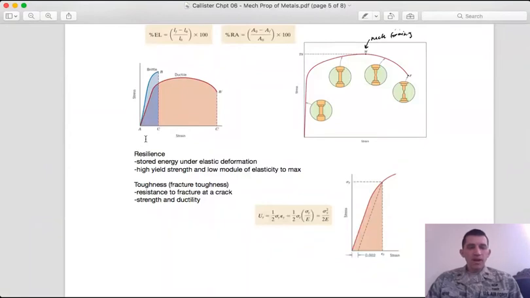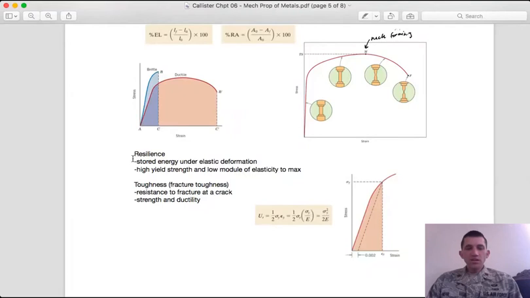So if I want a very highly resilient material, that's going to be a combination of a high yield strength, which forces the height of this area to be large as I increase in stress before the onset of plastic deformation, and then I want as much ductility after that point as possible. So it's very much an optimization problem to maximize the resilience.